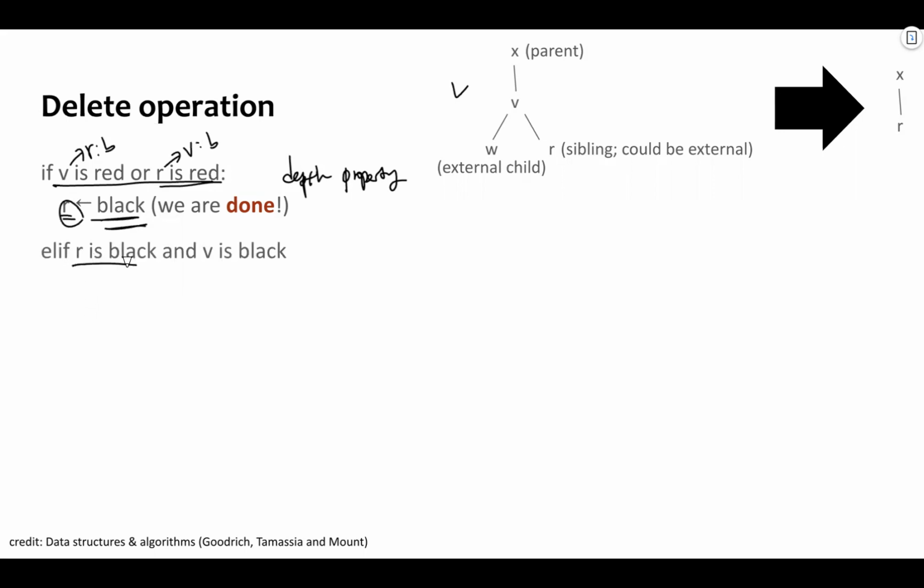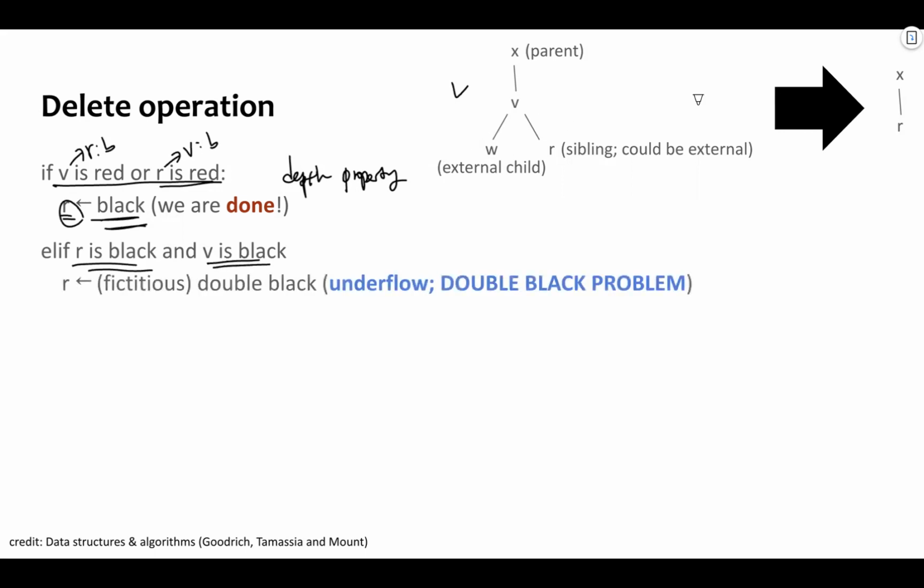However, if R is black and V is black, we have two blacks, and we're removing V. Then the children of R had originally the black depth to the top, say N. However, because we removed this one black, now it becomes N-1 black.